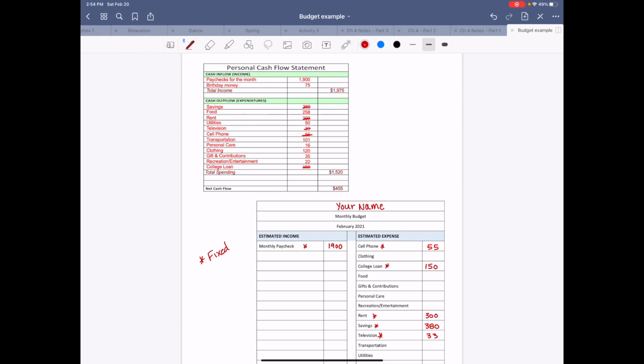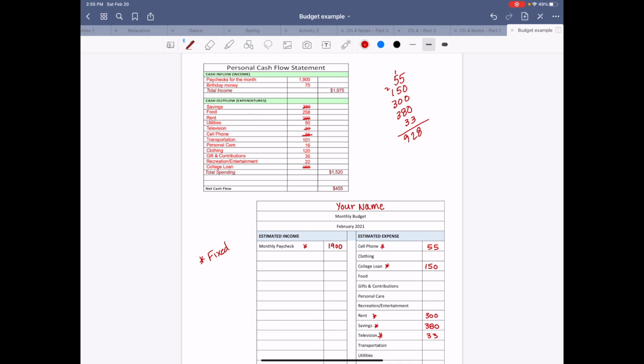So if we were to go through now and add those up, 55 plus 150 plus 300 plus 380 plus 33, we should come up with, let's see, 8, 11, 19, 22, $928.